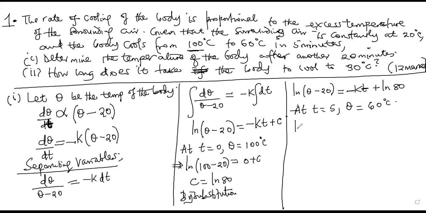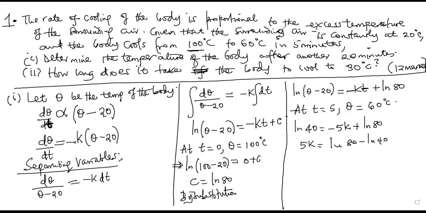So when you substitute there, ln(60 minus 20), which is ln 40, is equal to, now time is 5, negative 5k plus ln 80. Now, of course, 5k on this side is equal to ln 80 minus ln 40.